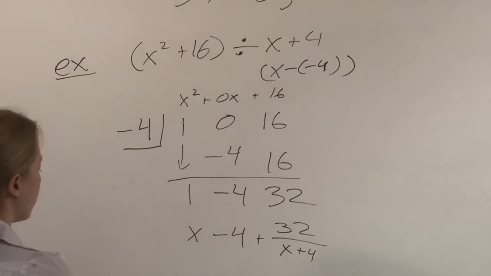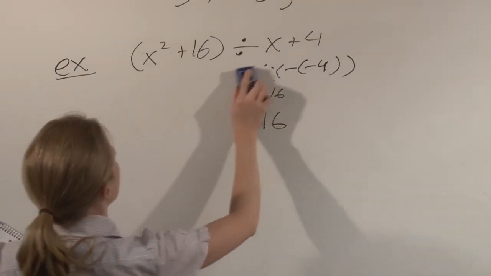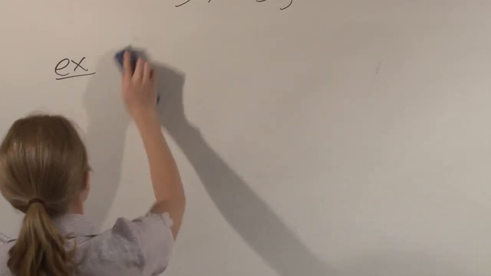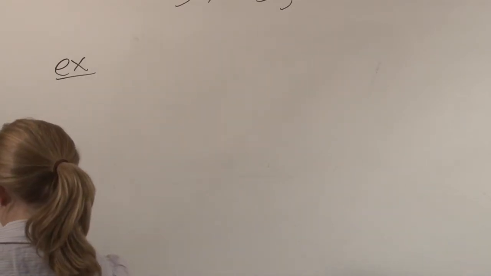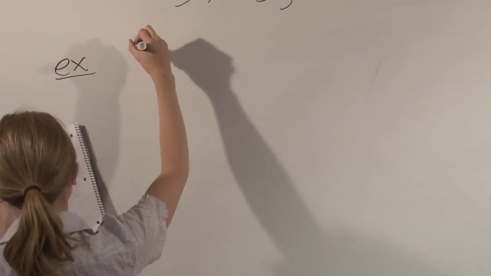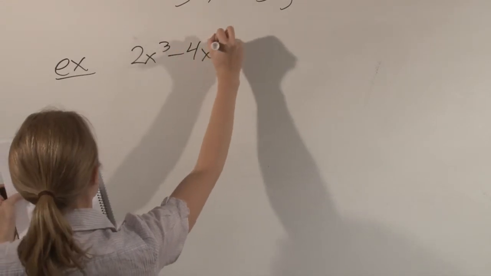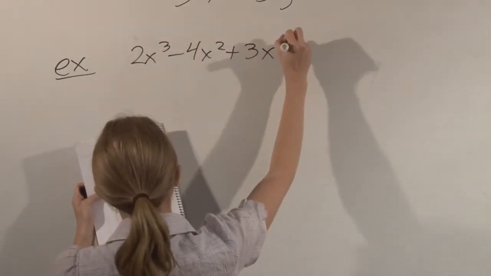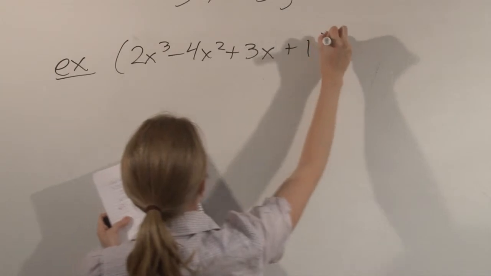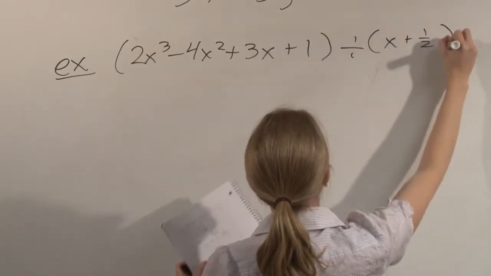So the final example is a problem that has fractions. So I have 2x cubed minus 4x squared plus 3x plus 1. And then I'm going to divide by x plus 1/2.